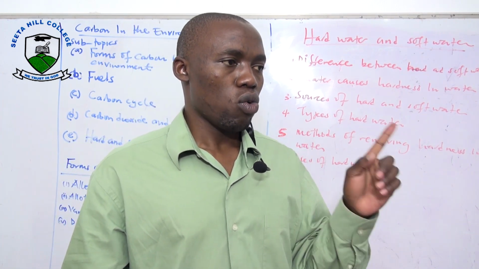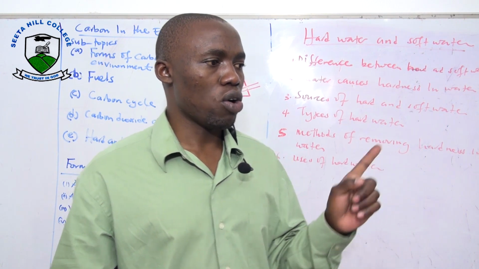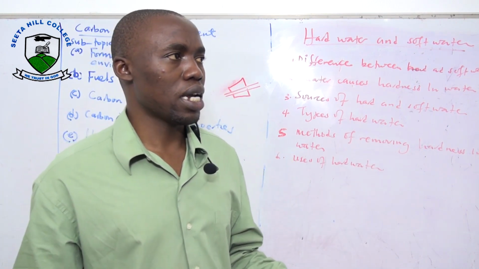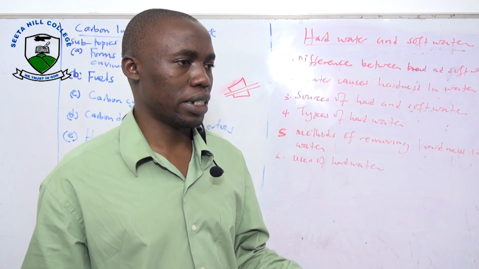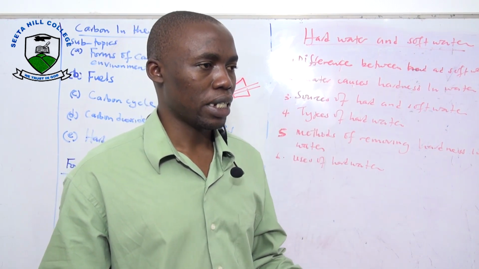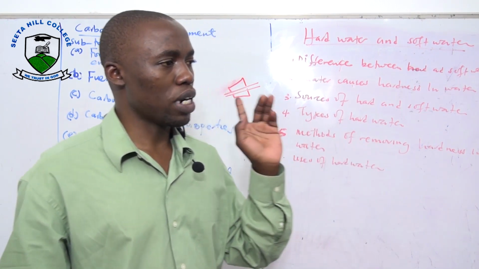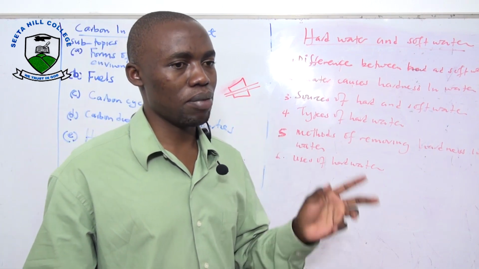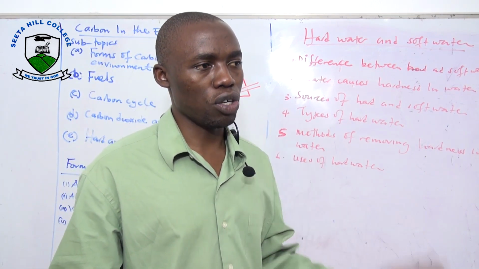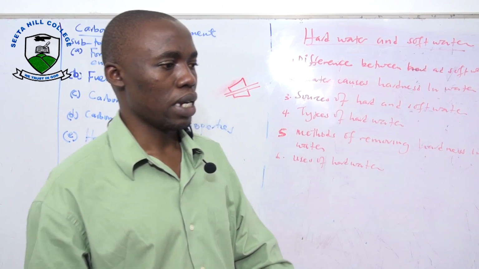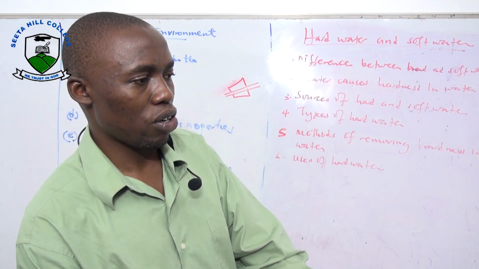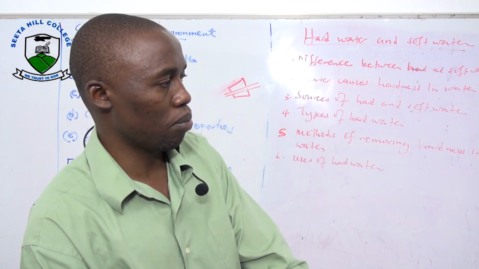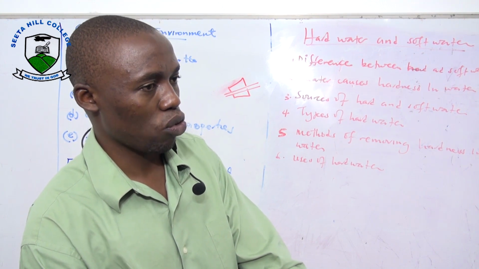Now, water that comes to our homes, some comes from mountains, some from lakes, some from rivers. When water touches the earth's crust, it mixes with mineral salts that make it hard. And not every mineral salt makes water hard.